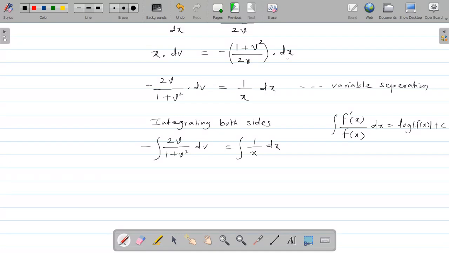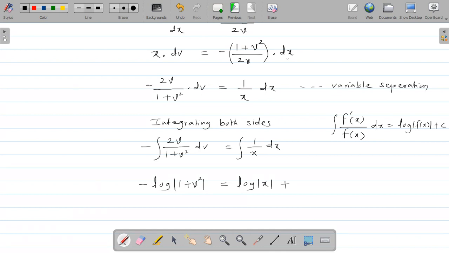So hence we get f dash x upon f of x form, and hence you can write the integration as minus of log of modulus of 1 plus v square is equal to, now to the right hand side it is 1 upon x, and you know that integration of 1 upon x is also log of modulus of x.